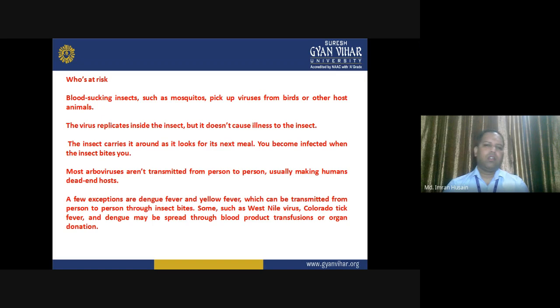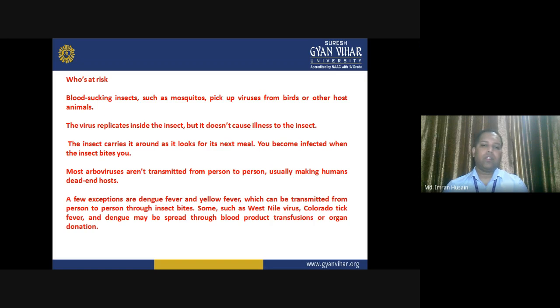So we must understand that it is being transmitted into mosquitoes from animals or birds, and from there the virus replicates inside the insect, and when the insect comes into contact with a human and bites, the arbovirus is straightaway transmitted into the body of the individual, where it infects the individual.